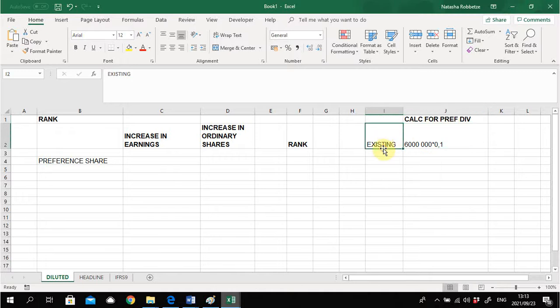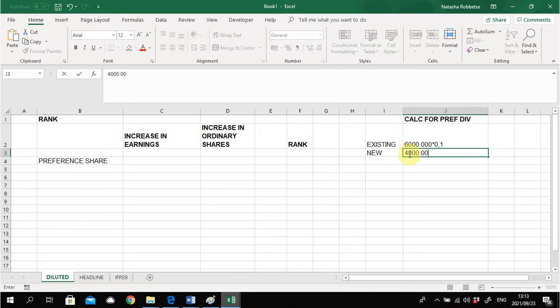Then we have the new issuance of preference shares, and the new issuance must have been worth 4 million to get to the 10 million at 10%. And then, of course, we need to count the months. The issuance of the preference shares was done on the 1st of August, so it's August, September, October, November, and December, which means that they existed for a total of 5 months.